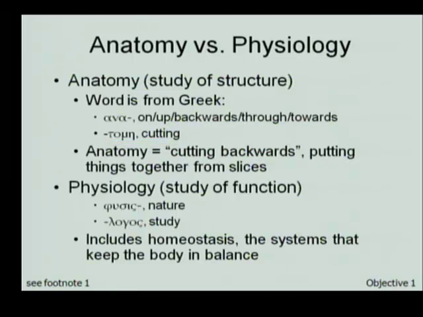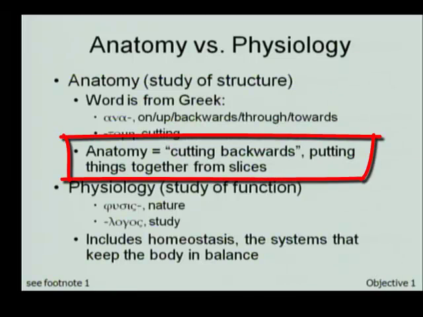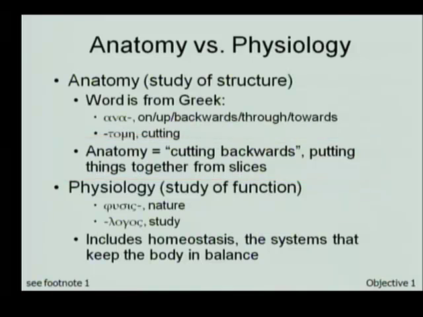And so we can think of anatomy as cutting backwards. There are other translations that are possible, but I prefer the translation of anatomy as cutting backwards, or putting things back together from slices.